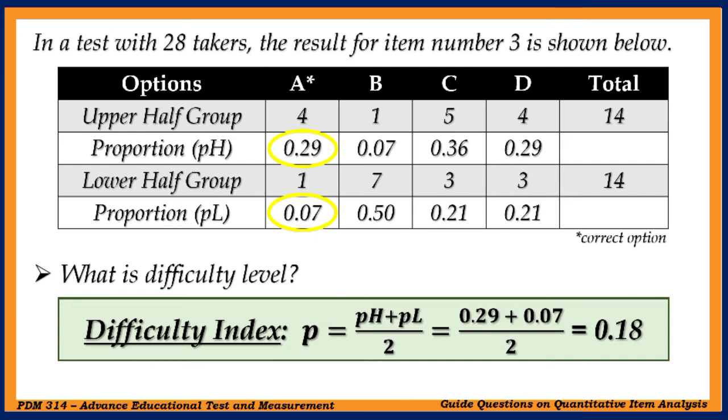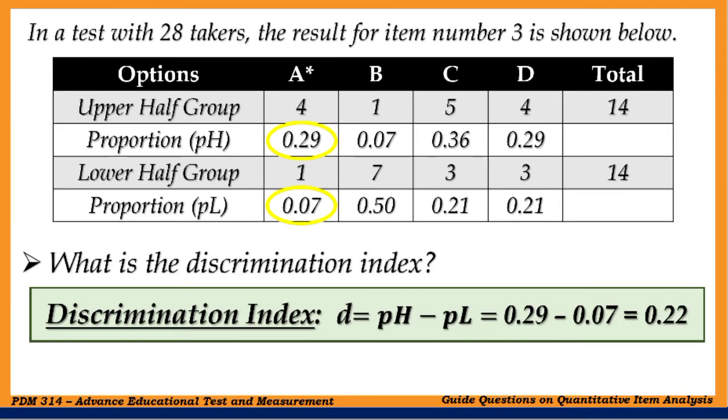What is the difficulty level? It can be solved using the formula: proportion of the high group plus the proportion of the low group, all over 2, equals 0.29 plus 0.07, all over 2, equals 0.18.